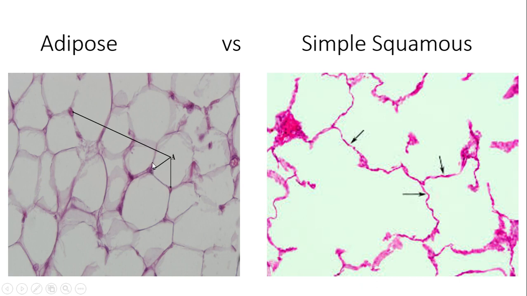For example, from here you don't see a nucleus for a while until you get to about here, because these are just one cell and one nucleus, one cell and one nucleus, and it tends to be like that. You can also tell the difference because these are smoother droplets of fat, creating a more pushed out smoother surface, versus this is all zigzaggy. So this would be simple squamous, all open space. This would be adipose, one cell and just one nucleus per whole cell. So just looking at these two, try to see the difference yourself.